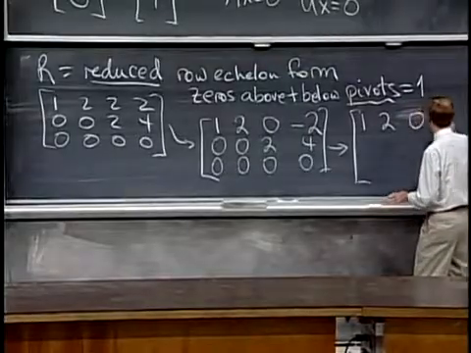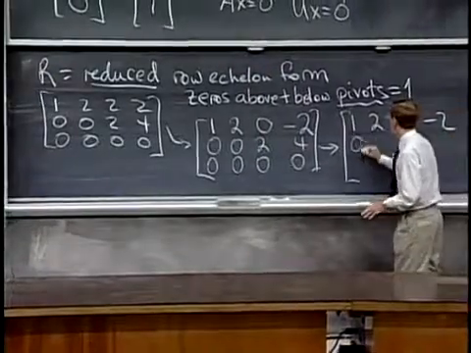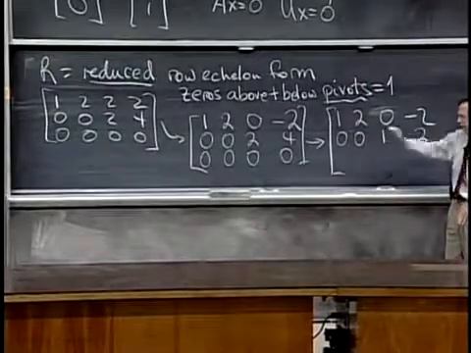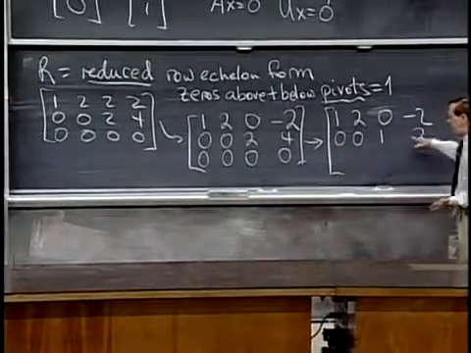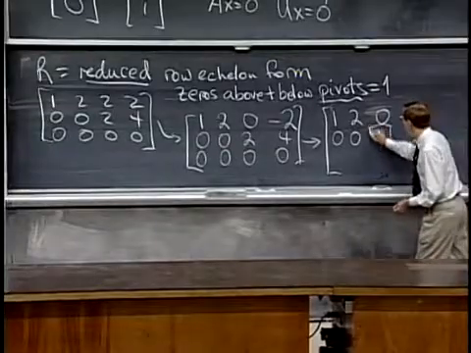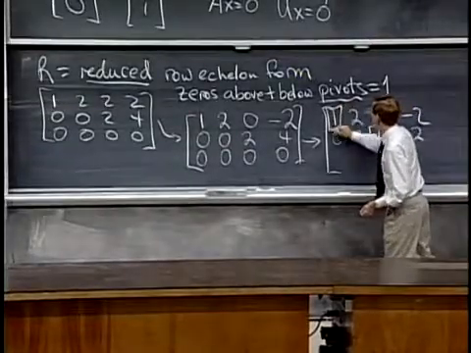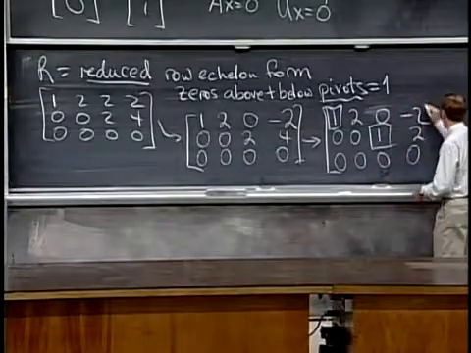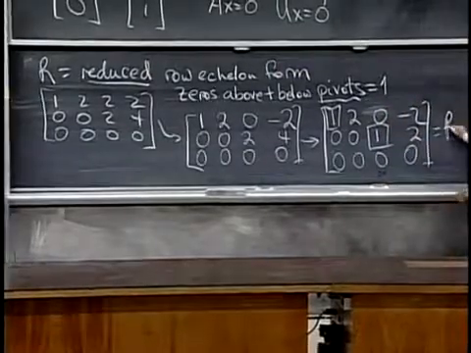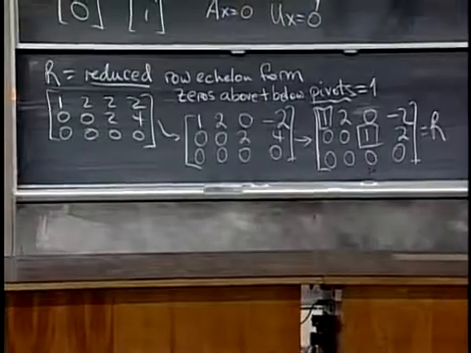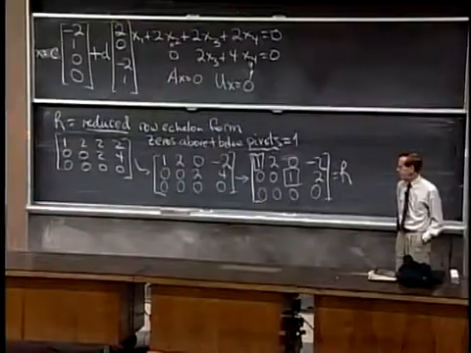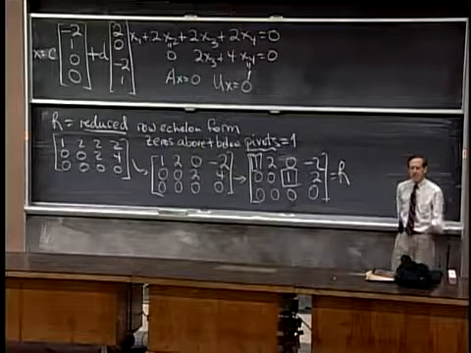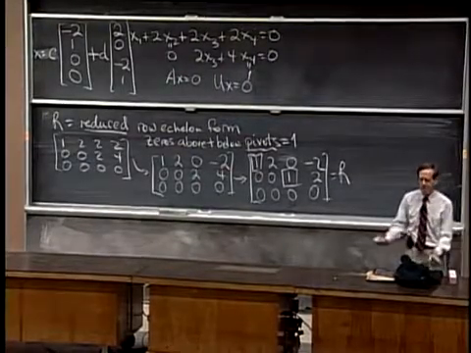1, 2, 0, minus 2, 0, 0, 1, 2. I divided the second equation by 2 because now I have a 1 in the pivot and zeros below. Okay. This is my matrix R. I'm hoping that you could now execute the whole algorithm.